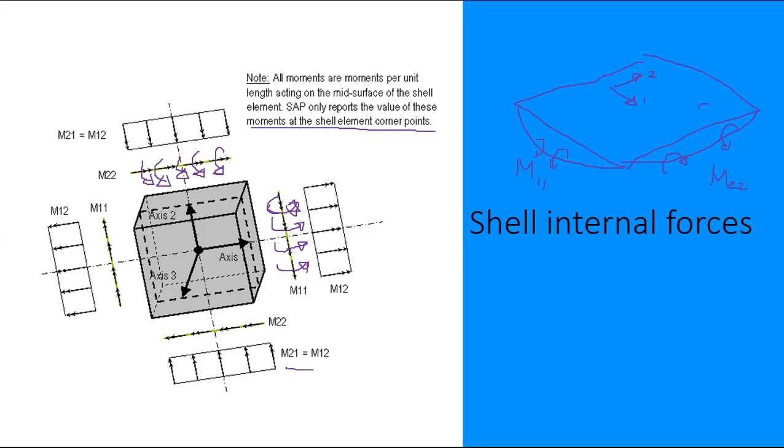This is the twisting moment, but it's really hard to interpret simply. For a slab you need to know these things. For a shell element, which moment to take, M11 or M22, depends on the local axis.